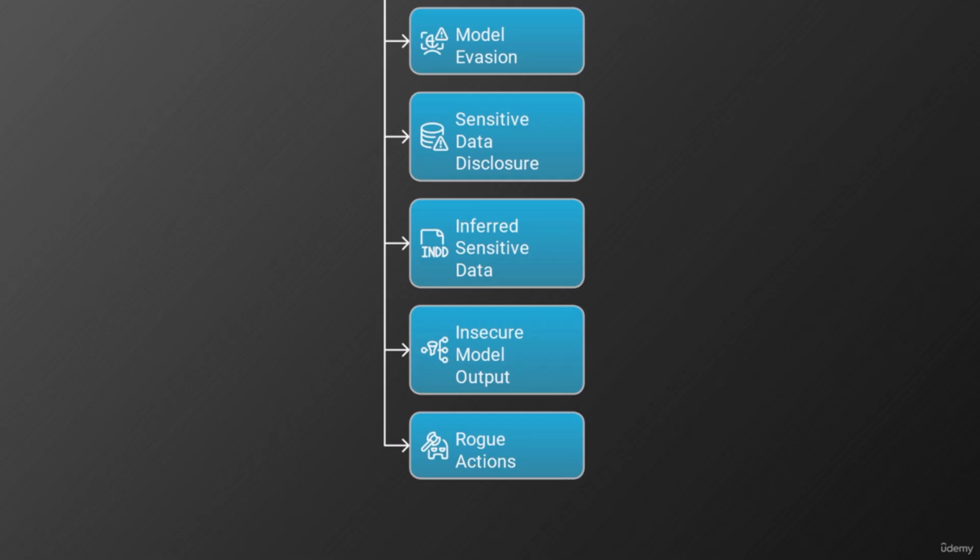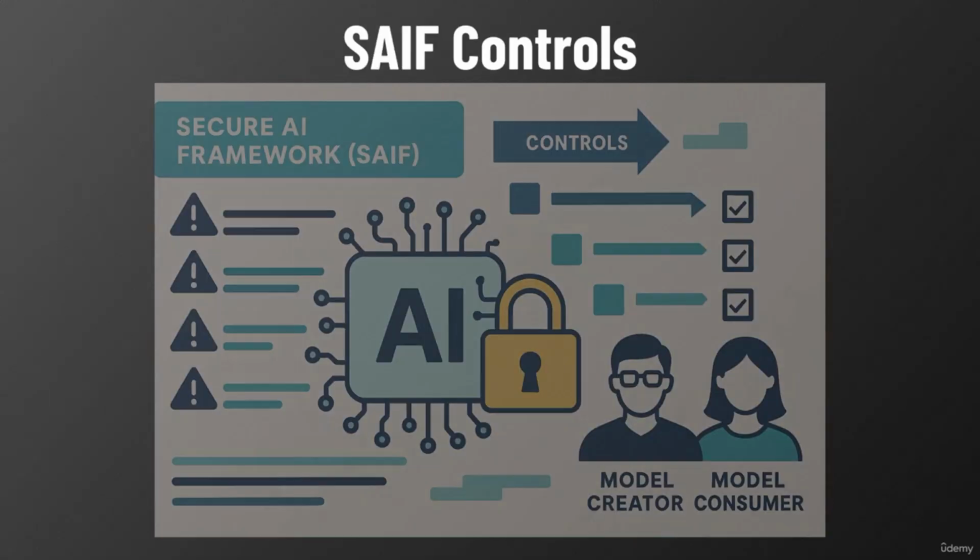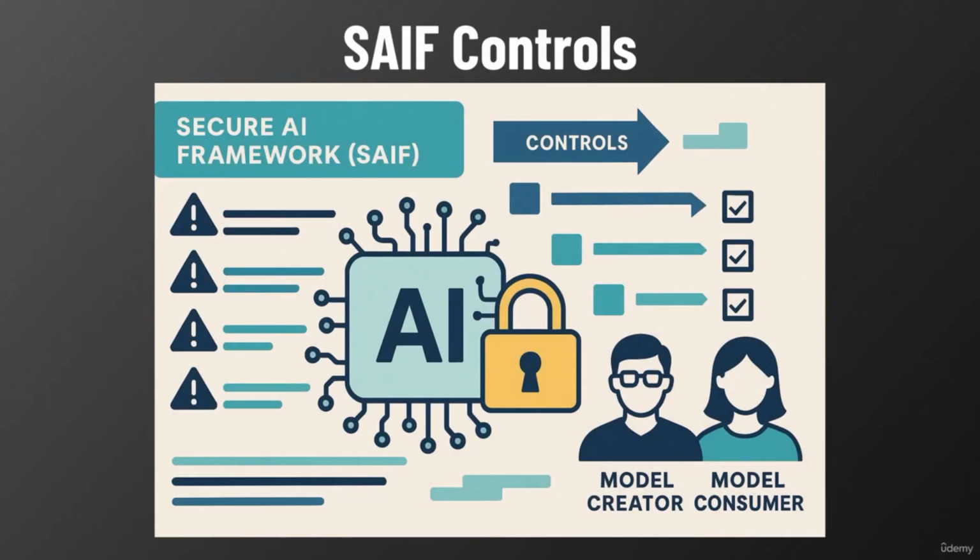Insecure model output. When output from the model is used without proper validation or sanitization, it can open the door to vulnerabilities like code injection or command execution. Rogue actions. Attackers exploit overly permissive model capabilities to trigger harmful or unauthorized operations, sometimes with real-world consequences.